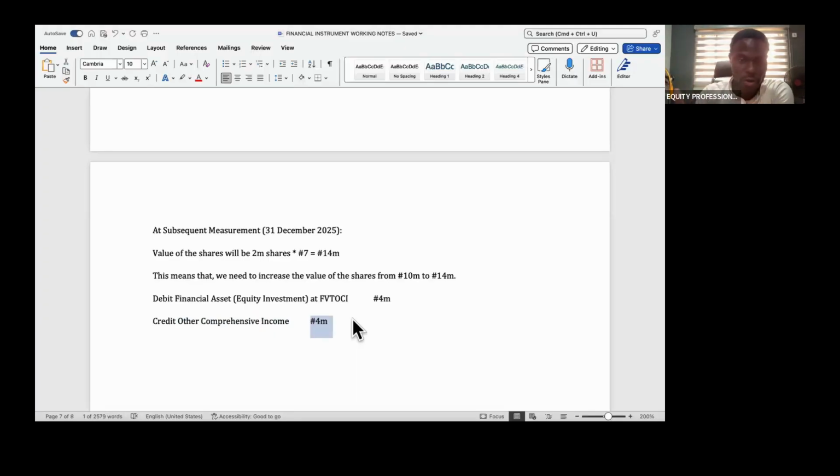That also goes for the fair value through profit or loss. If we had classified and measured it at the end of the year at fair value through profit or loss, that means instead of us crediting OCI, we will have credited profit or loss with this fair value gain.